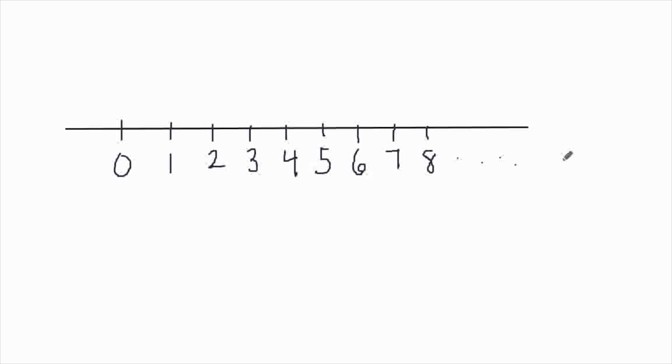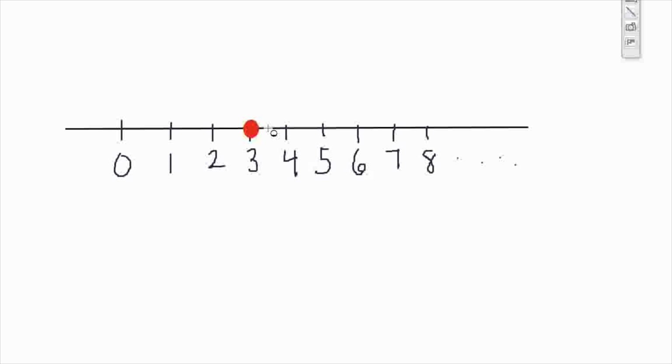For example, let's say that you had 3 iPhones and somebody bought you another iPhone. I'm not sure why you'd have so many cell phones, but just bear with me here for a second. So you started out with 3, so that means you're right here on the number line. Okay?